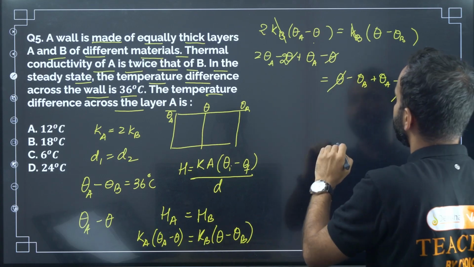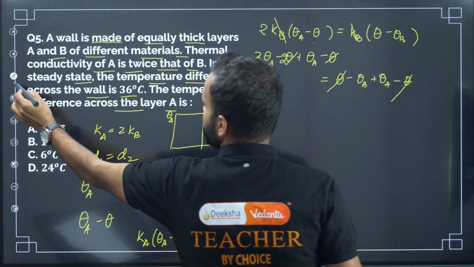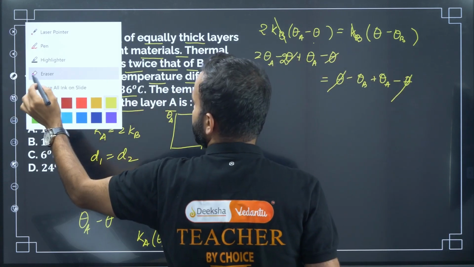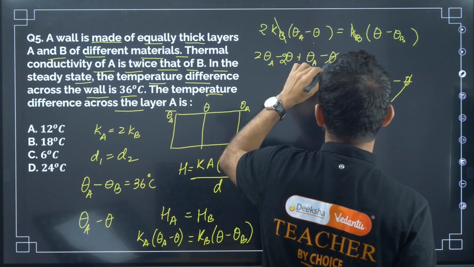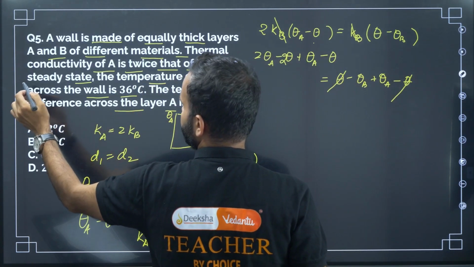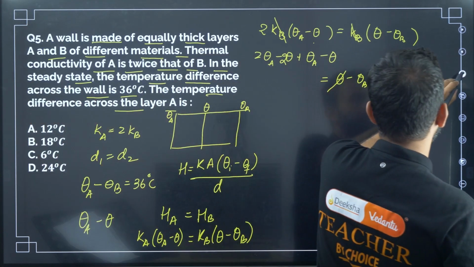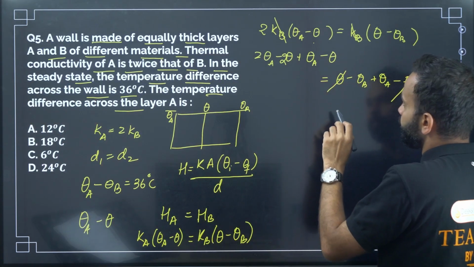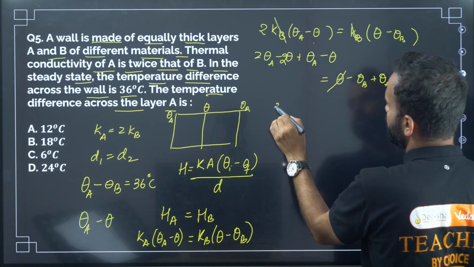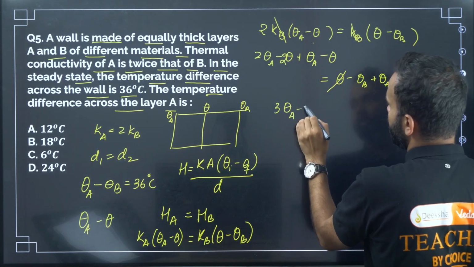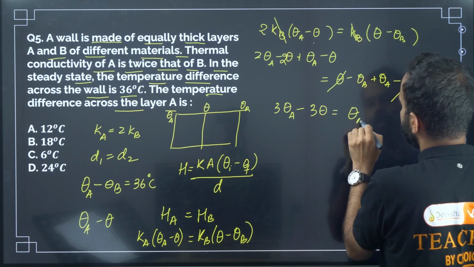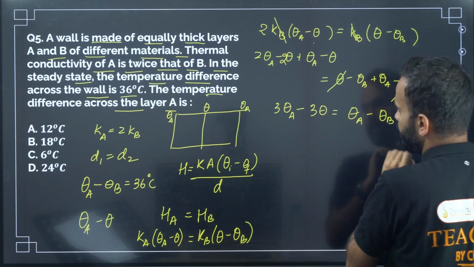Sorry, here this is minus 2 theta, so theta and theta will not get cancelled here. Now here 3 theta A minus 3 theta is equal to theta A minus theta B, right?